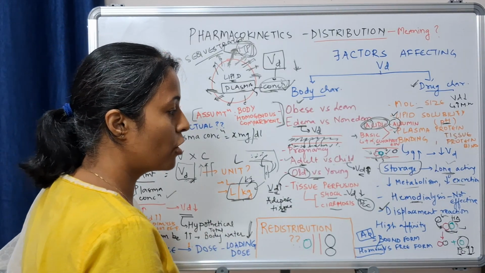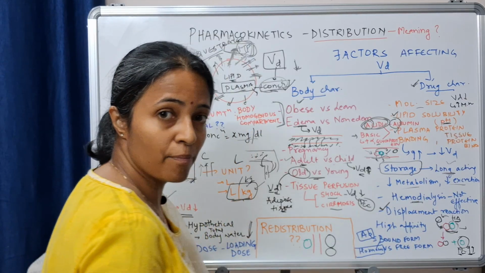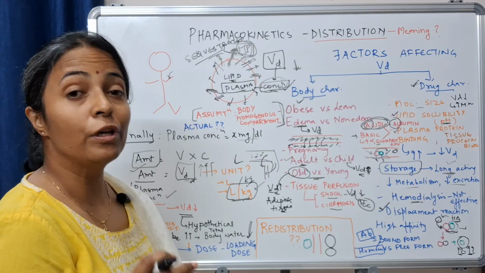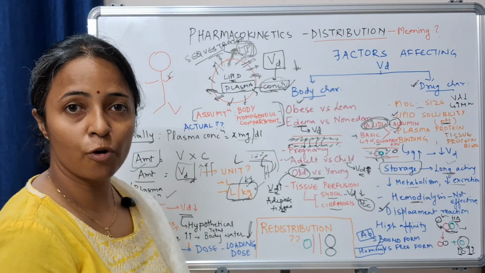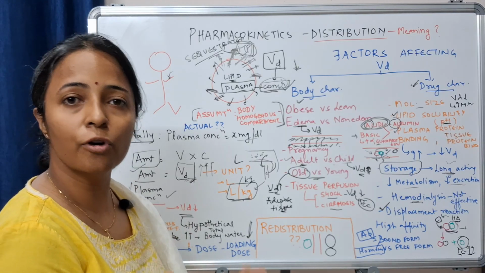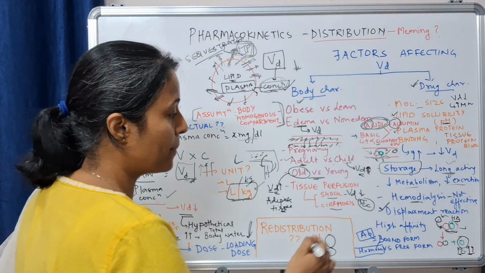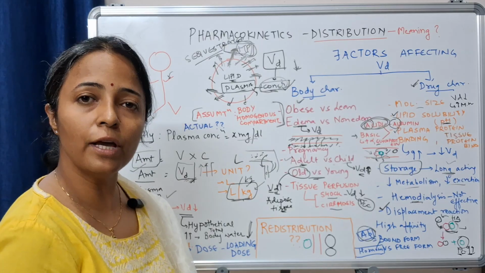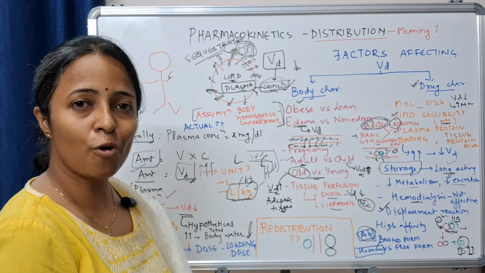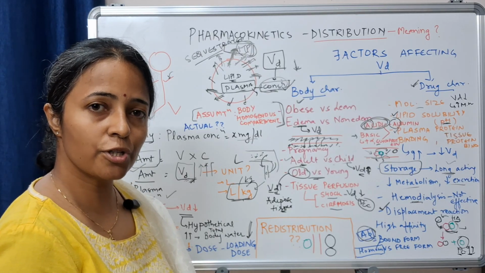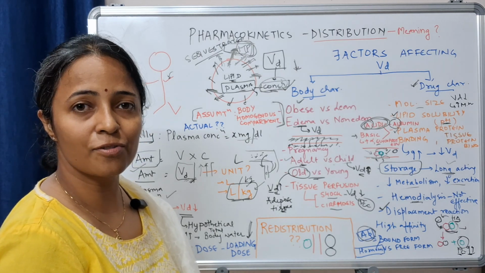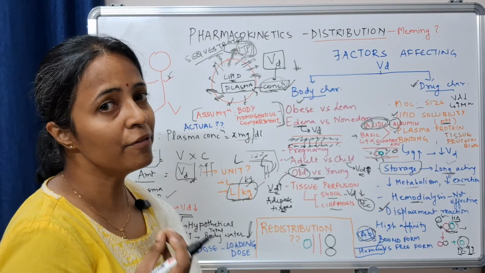But still this knowledge of bound form and free form is important, because the drug is active only in the free form, not in the bound form. It cannot go into the cells, it cannot act, right? So for example, with antibiotics, if we say the total concentration is bound form plus free form, then it is not the effective concentration, because for acting it should be free, right?